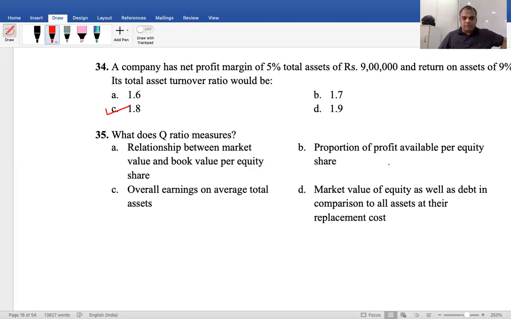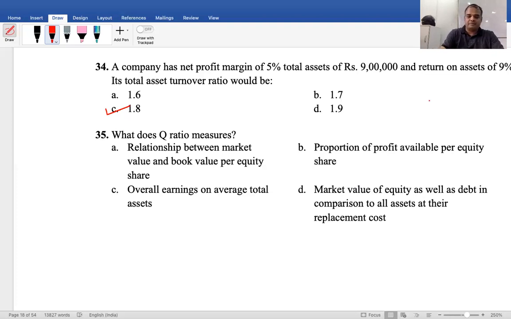Okay. Next, what does quick ratio measure? Relationship between market value and book value per equity shares, portion of profit available per equity shares, overall earnings on average total assets, market value of equity as well as debt in comparison to all assets in their replacement cost.